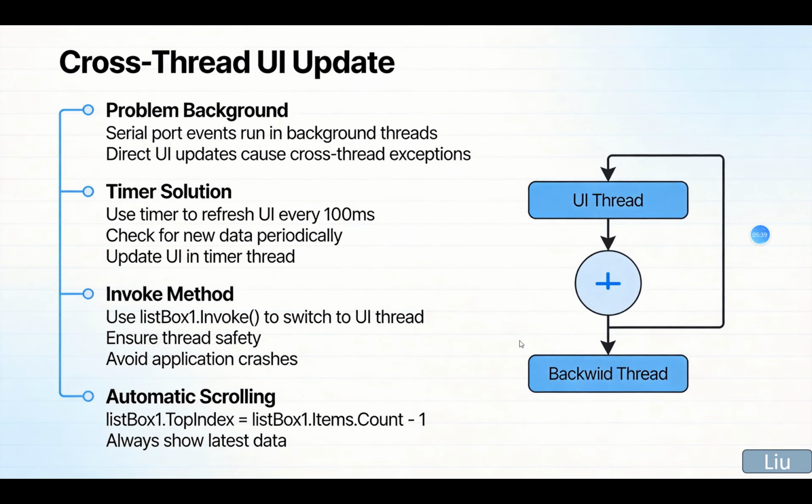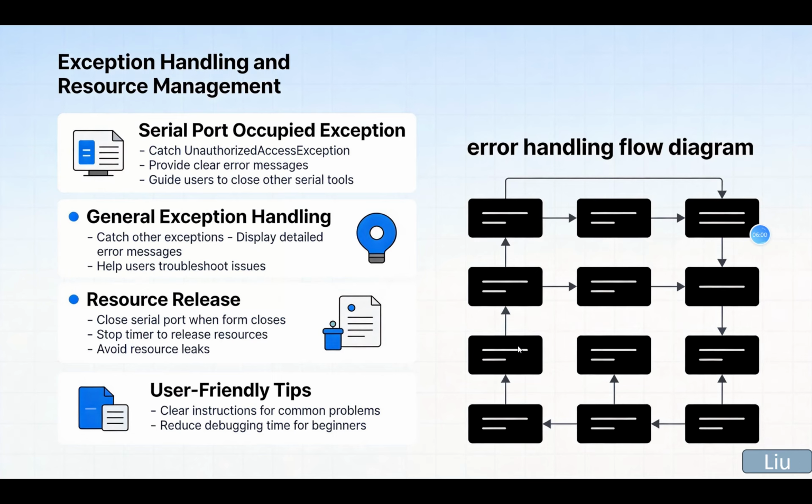Update the UI in the timer thread and use the Invoke method, such as ListBox Invoke, to switch to the UI thread and ensure thread safety. Avoid application crash, and automatic scrolling.